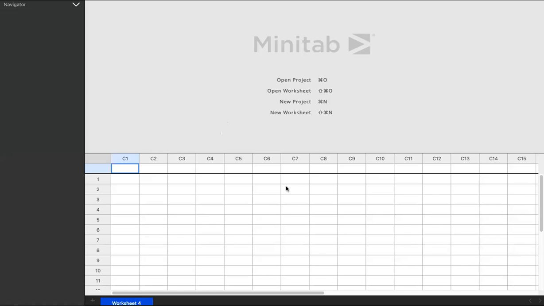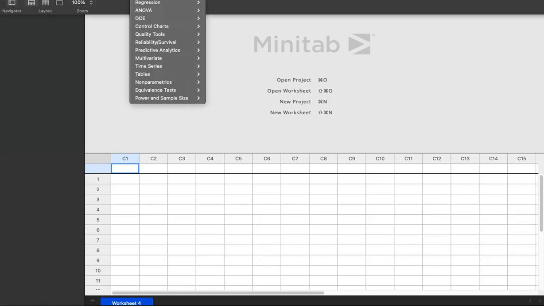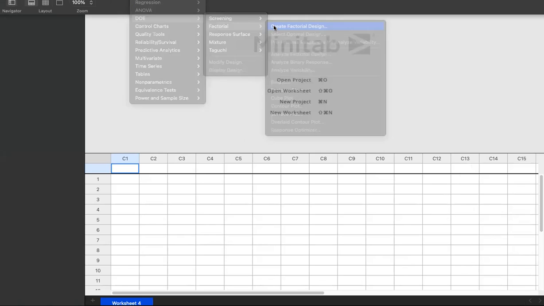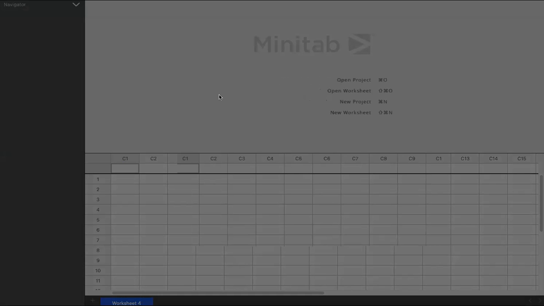To begin, first of all, we need to create our factorial design. So I will go directly to the DOE and create factorial design. And we need to see on the table which factors we have. We have two.